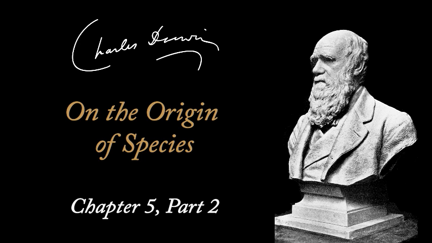According to the ordinary view of each species having been independently created, we should have to attribute this similarity in the enlarged stems of these three plants, not to the vera causa of community of descent, and a consequent tendency to vary in a like manner, but to three separate yet closely related acts of creation.